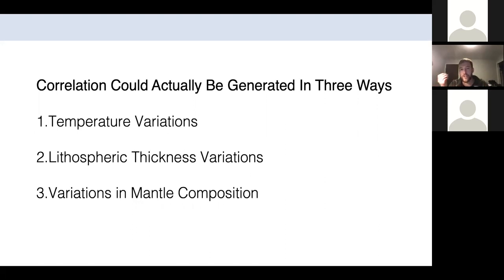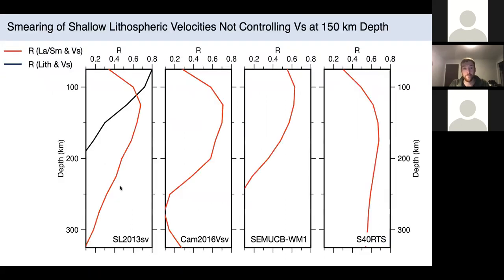So our correlation could be due to lithospheric thickness variations. It could also be due to variations in mantle composition, because mantle composition also affects shear wave velocities and lanthanum over samarium ratios. So we need to test whether these two factors are affecting our correlation.